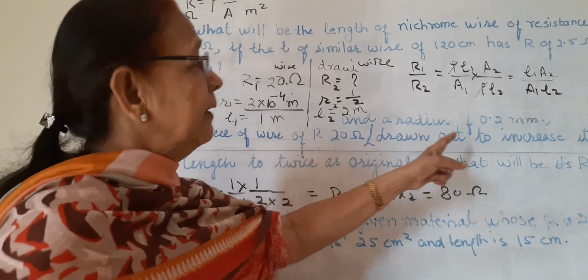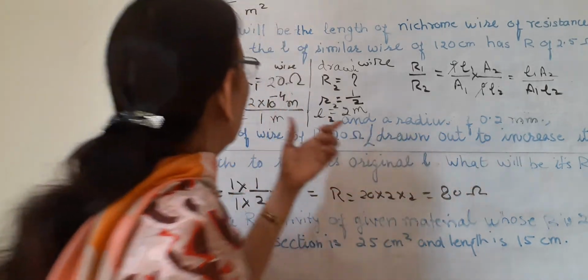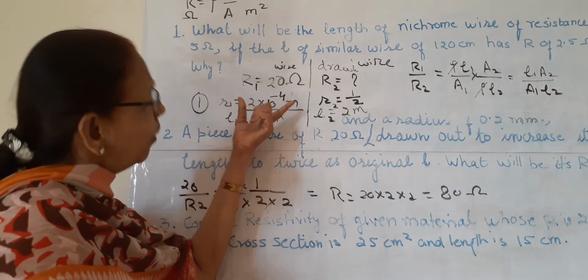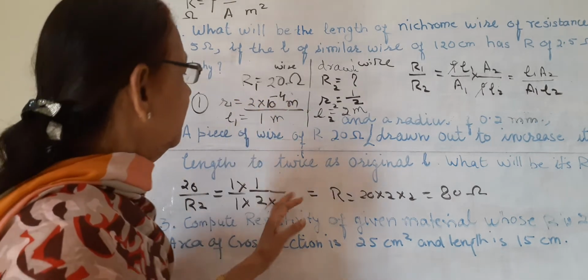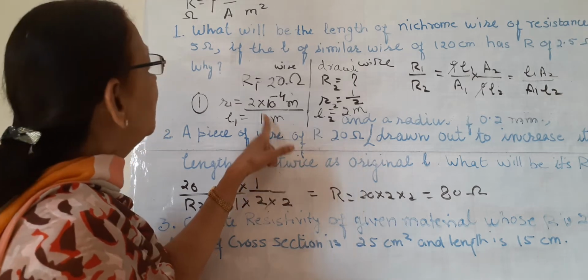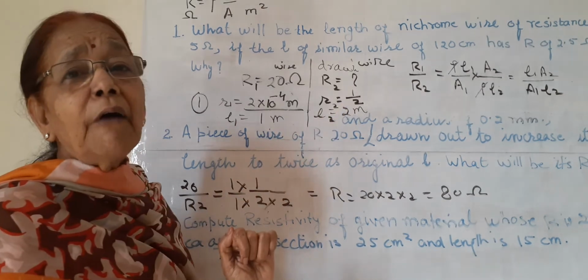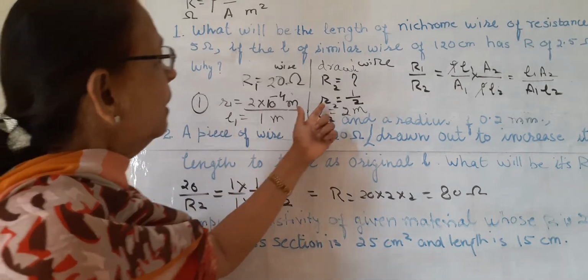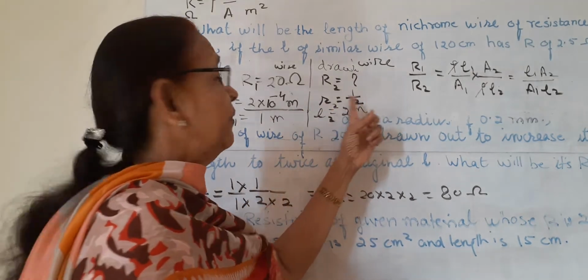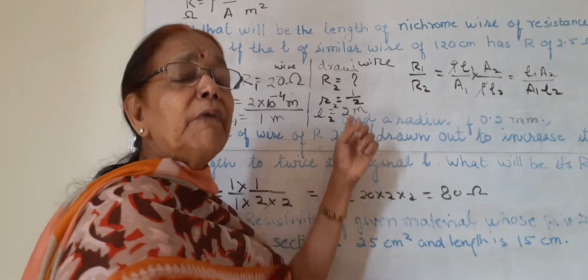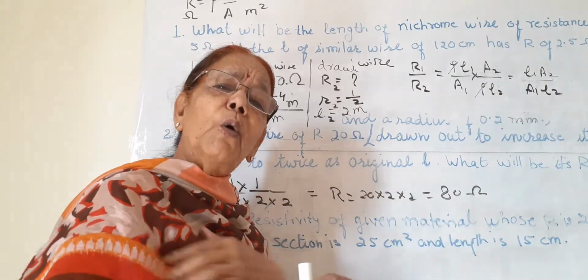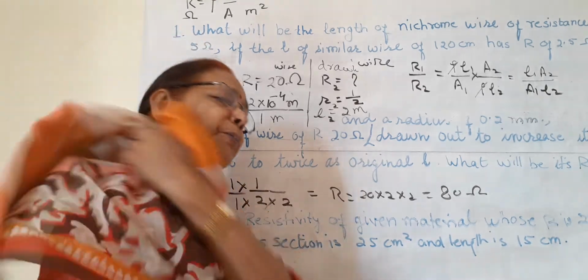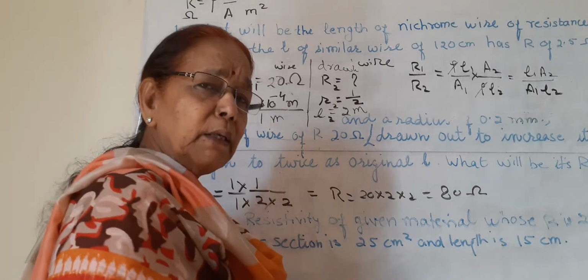R1 is given, radius is given. So we don't have to use this, or we can use also, but if the length is doubled, the radius will be halved. So we can assume if first the radius is 1, now it becomes half. When R2 will be half, the whole cross section of wire will be half, because pi is common, square is common.